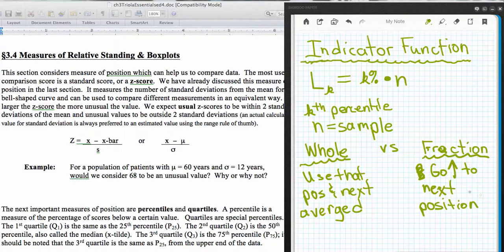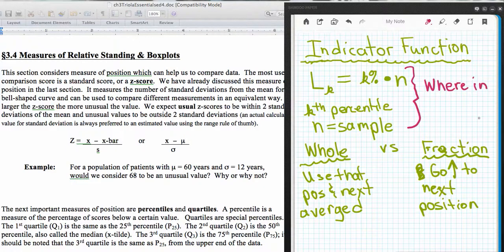So we're going to use our PerSnatcher data set to show us how we can find the percentiles. So indicator function, again, we're going to find out what percentile do we want, what is the sample size. We're going to multiply those two to give us the indicator. Now this indicator tells us where in the data we will find that particular data point that represents the percentile located.